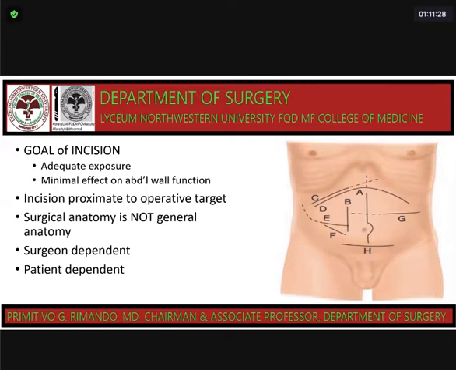Because of course, that will have a lot of possible morbidities. Number one is abdominal wall function. Number two, just like when we are discussing your laparoscopic surgery, the smaller the incision is, it means the lesser the pain medication that you need, the lesser the time of recovery.